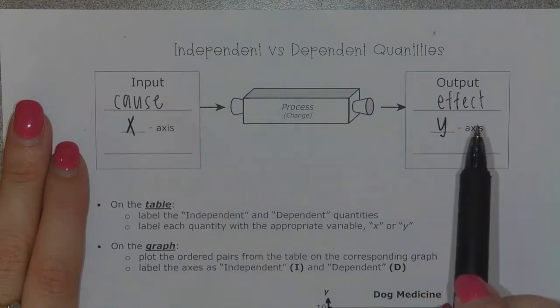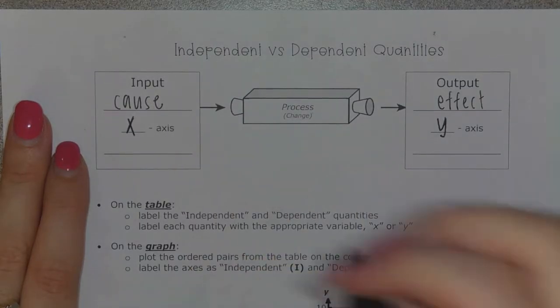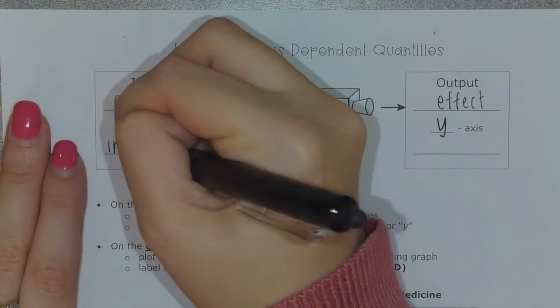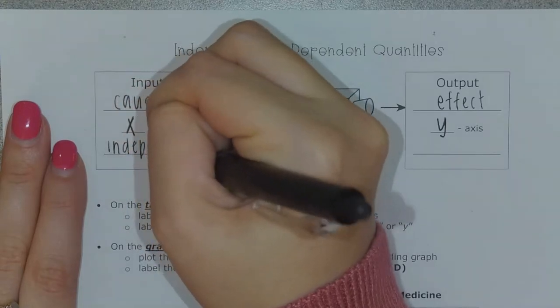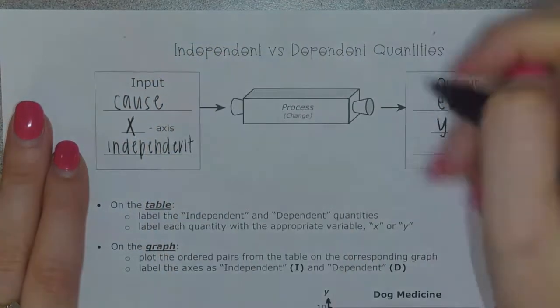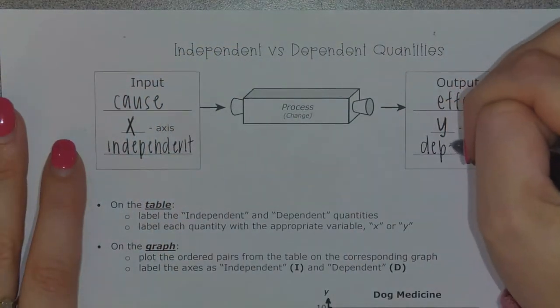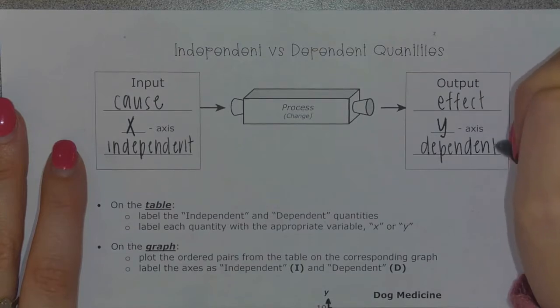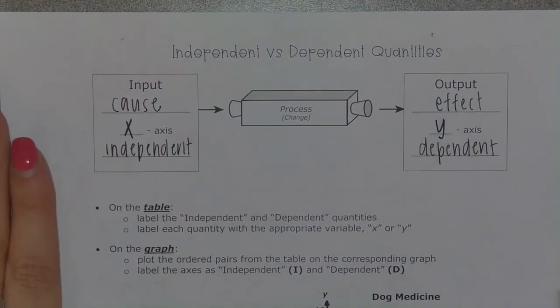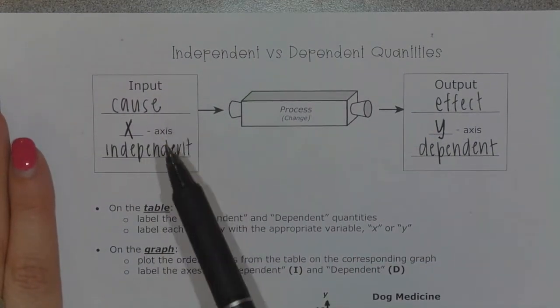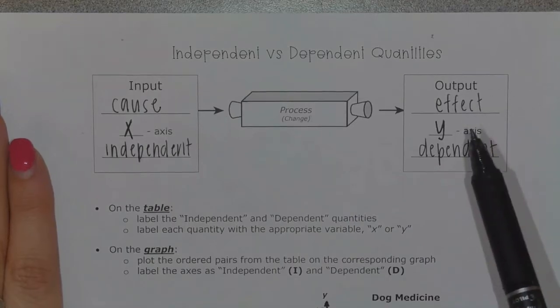So x causes y to happen. Or the x is the independent variable and the y is the dependent variable. So no matter what words you use, x is always the start, y is always the end.